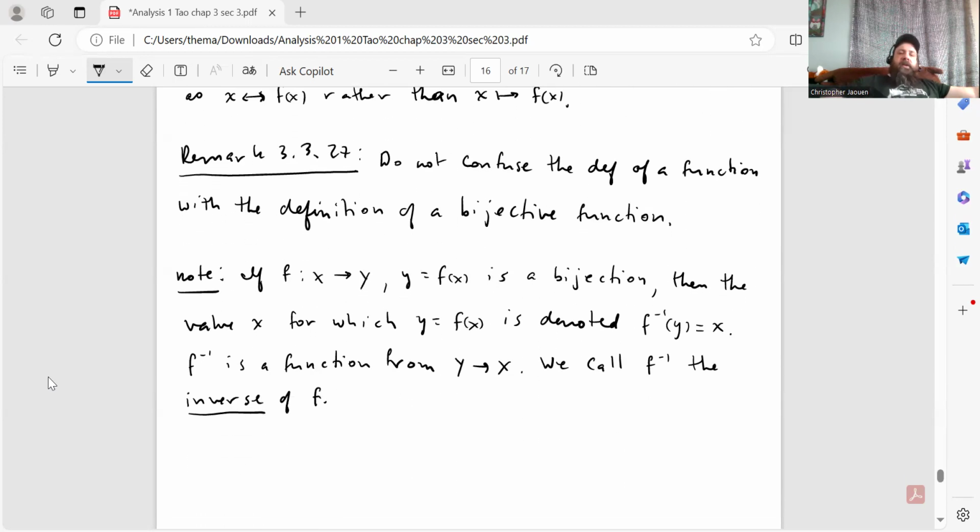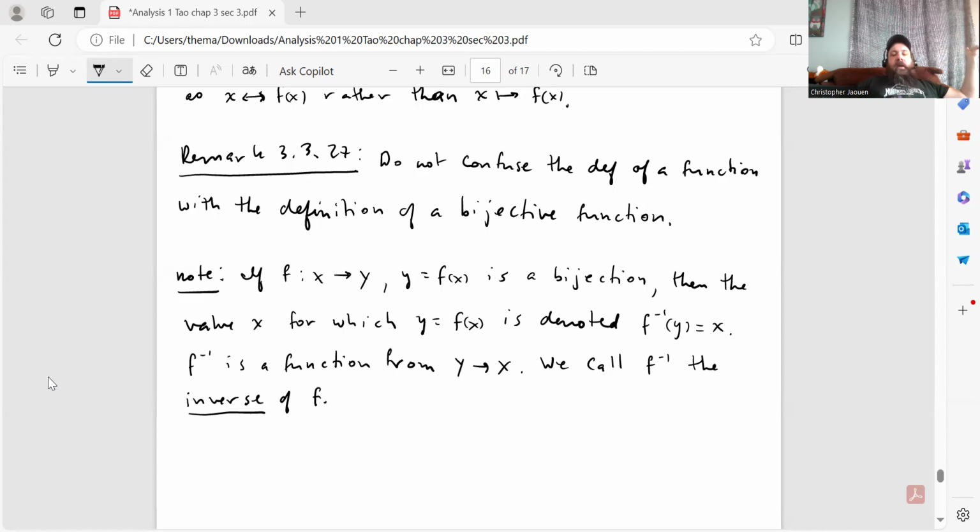Remark 3.3.27, do not confuse the definition of a function. This is essentially what he says in remark 3.3.27. I'm sort of summarizing here because it's kind of a long remark, but this is the point of it. Do not confuse the definition of a function with the definition of a bijective function, right? A bijective function is an example of a function, but not every function is bijective.